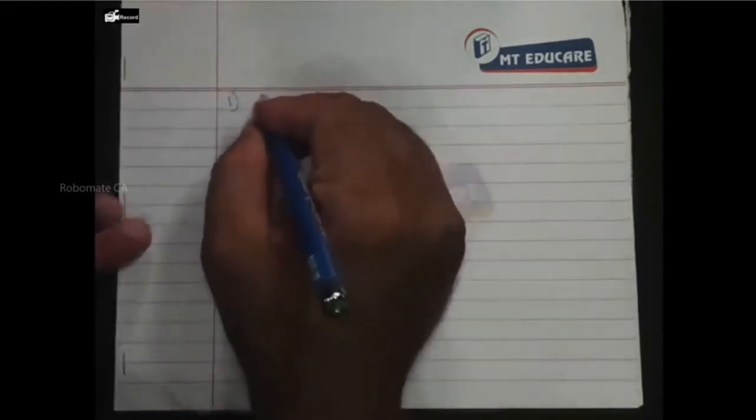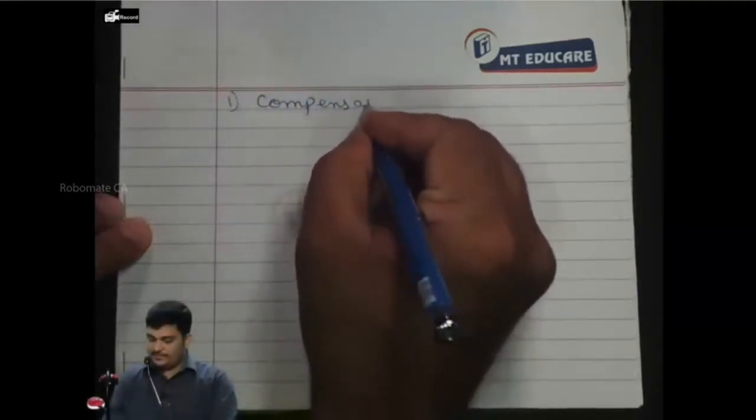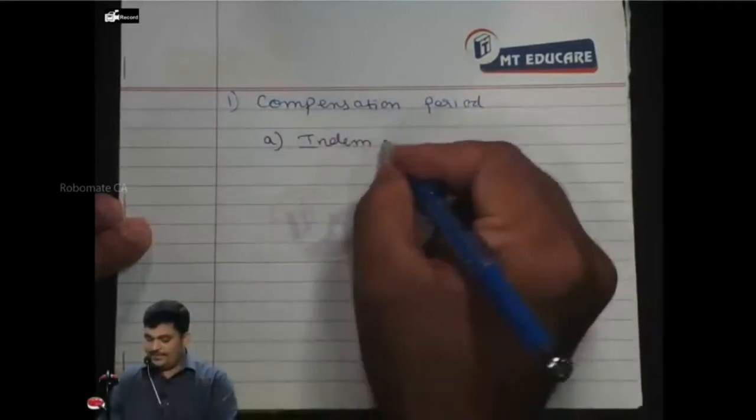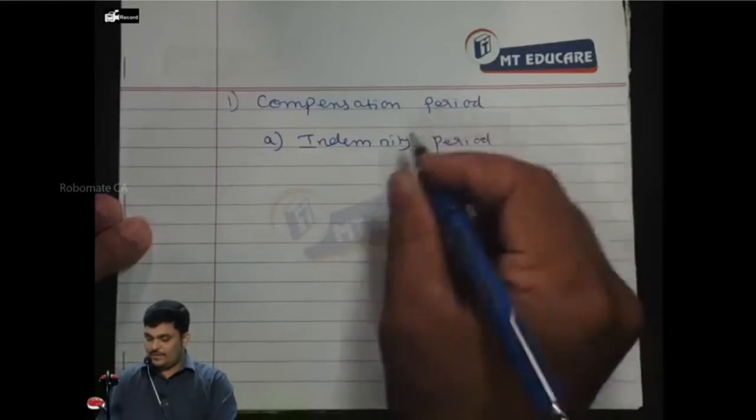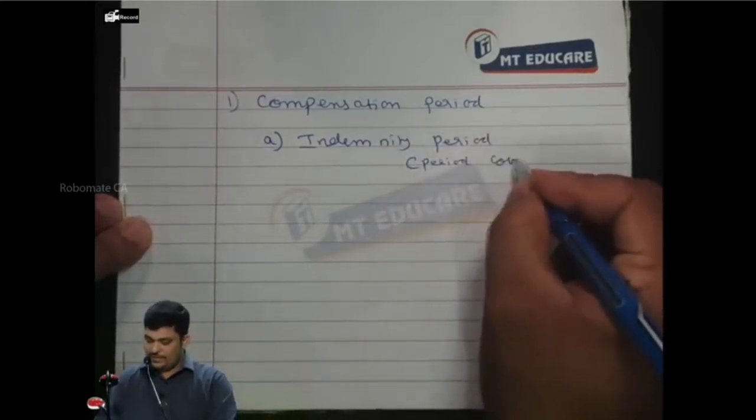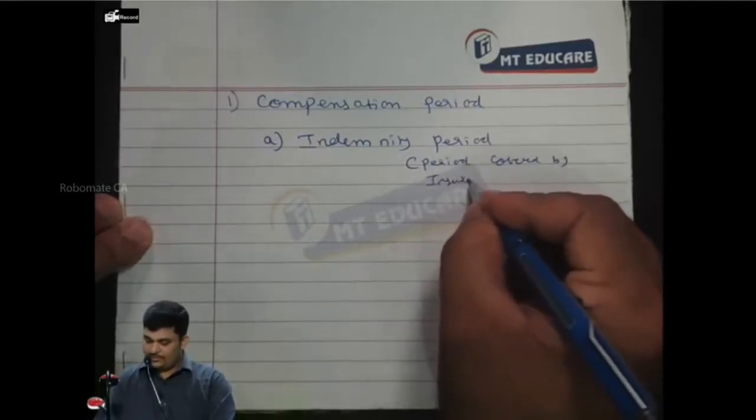Step number 1, compensation period. Under that we have indemnity period, which is actually the period covered by the insurance policy.